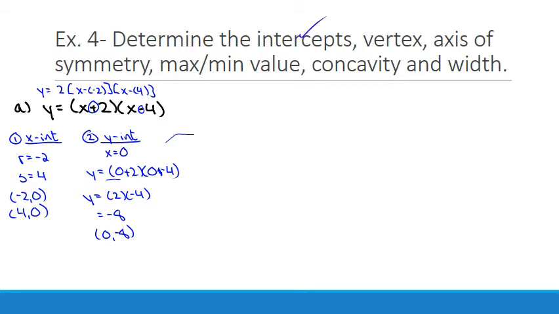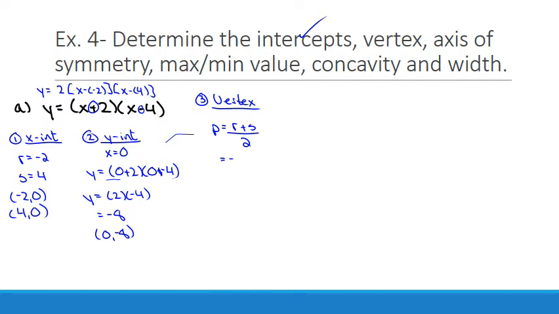Okay, so we've got the intercepts done. Now the vertex. There's a little bit of work to find the vertex in the factored form. It's not crazy, but it's not as easy as the next form you'll be seeing in the following video. We have to remember that the vertex is located halfway between the x-intercepts. So to find your p-value, the x-coordinate of your vertex, you simply add your intercepts and divide by 2.